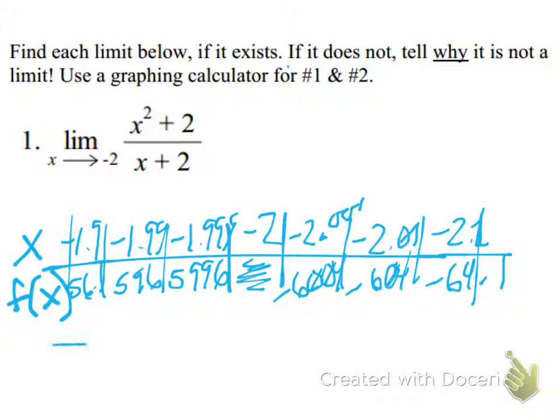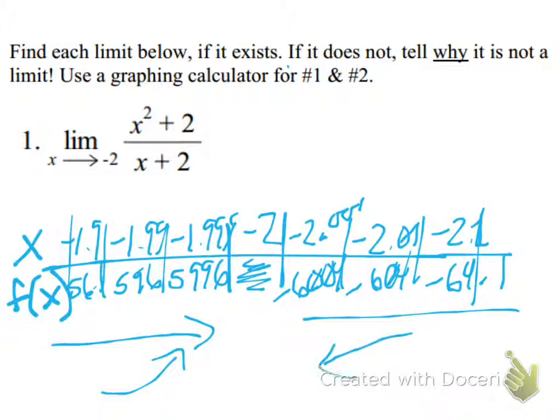Well, coming from the left, it looks like this may be increasing all the way to infinity. It doesn't seem like it's stopping. Coming from the right, these numbers are going down, right? Like approaching negative infinity. So since the left does not equal the right, the limit does not exist.